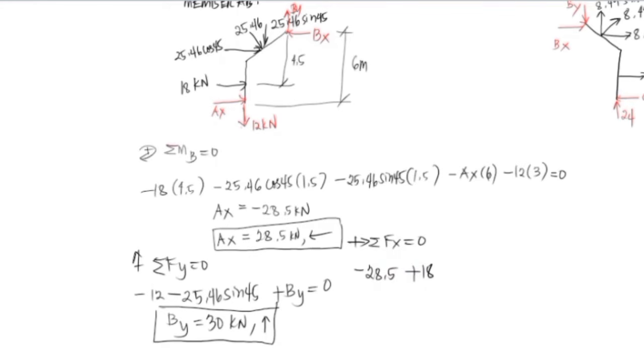The horizontal component of 25.46 directed to the right, so that is positive 25.46 cosine of 45, and BX directed to the left, so that is negative. So this is equal to 0. Solving for the value of BX is equal to 7.5 kilonewton. Since positive yung lumabas na sagot, tama yung assumption that BX is directed to the left.